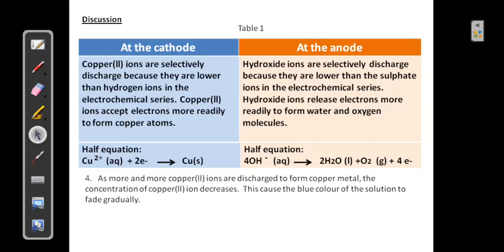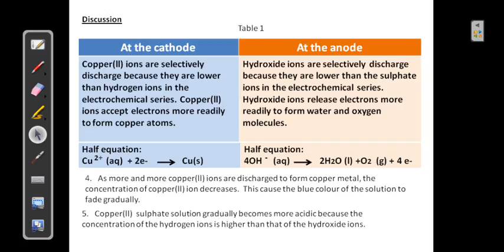Right, it's very obvious. Then the copper 2 sulfate solution gradually becomes more acidic because the concentration of hydrogen ion is higher than the hydroxide ion, because hydroxide had just gone off into gas, so leaving hydrogen in the water, so they become more acidic.